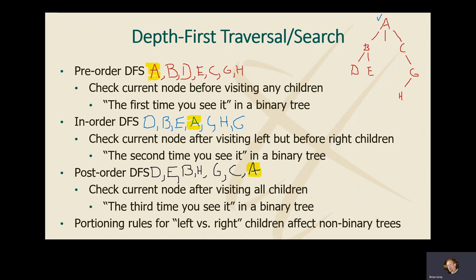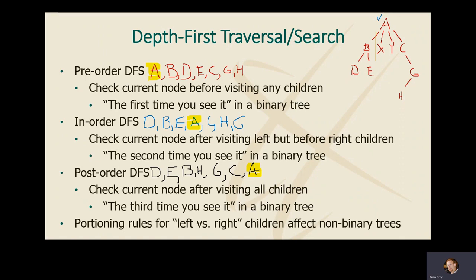So let's suppose that this was not a binary tree. Let's suppose that A had 4 children, and we'll say X and Y are in there as well. Well, we could partition left.